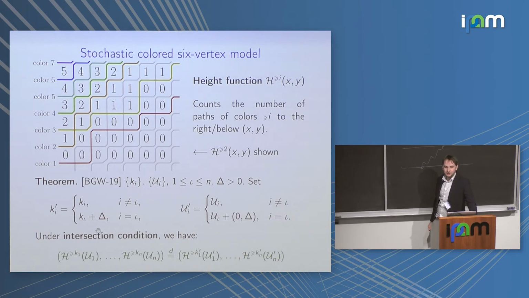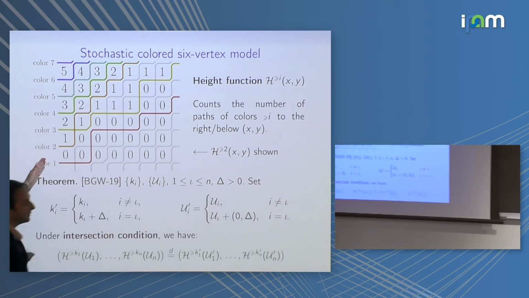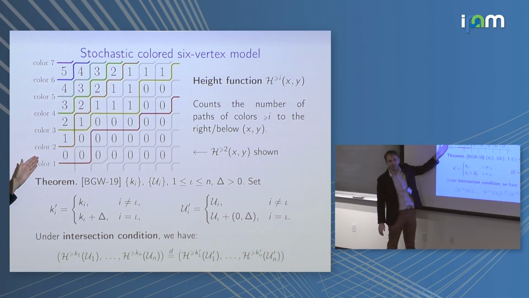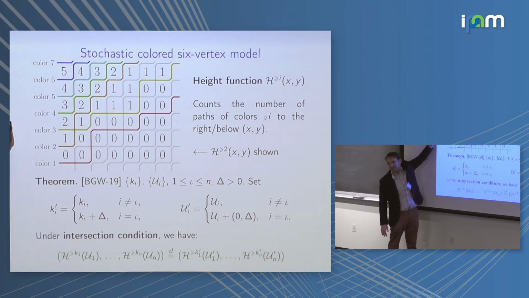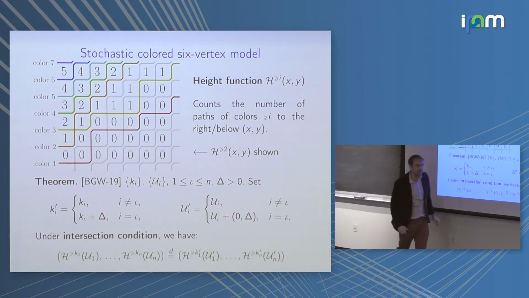And simultaneously, what I'm doing, I'm shifting the color which you are looking at. So you're looking at the simultaneous shift of color and of the observation point. Well, of course, color is somehow related to the vertical coordinate just because of the nature of our boundary condition, because our boundary condition was this growing color. So you can think that it is essentially the same thing, only restated in a slightly different language.